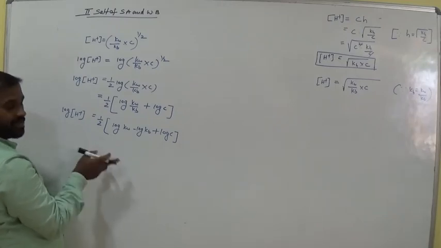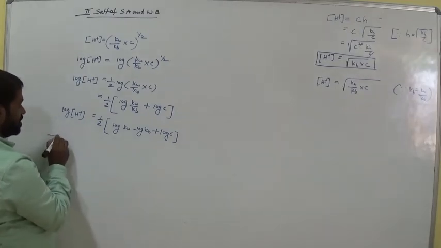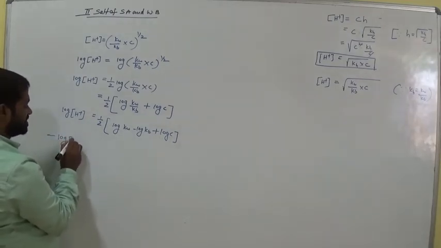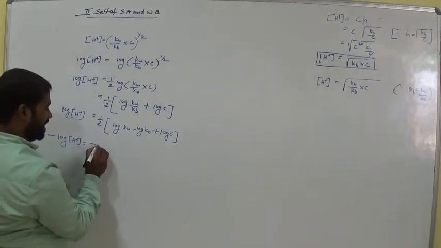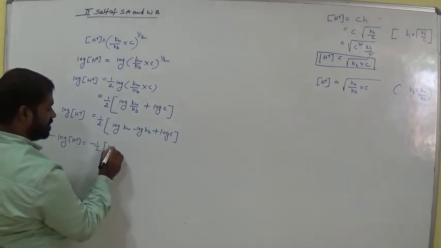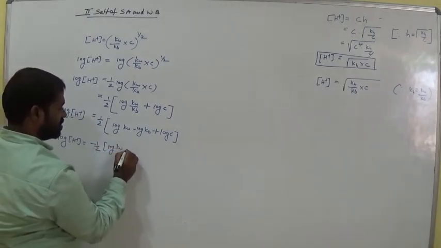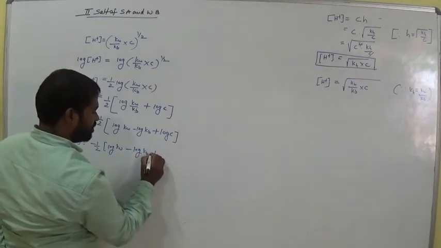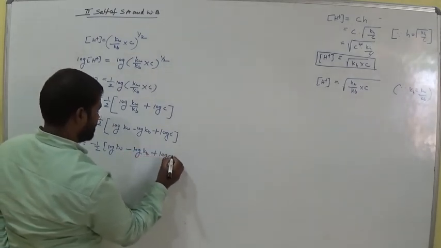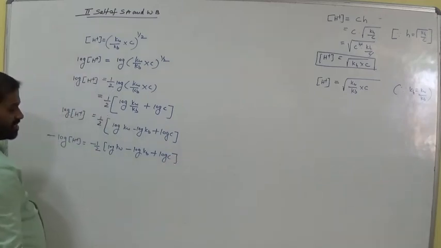Multiply with minus on both sides. Now minus log H plus equals minus of log KW minus log KB plus log C. Clear?